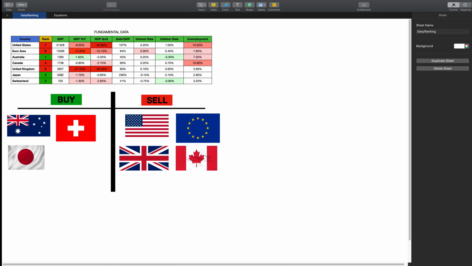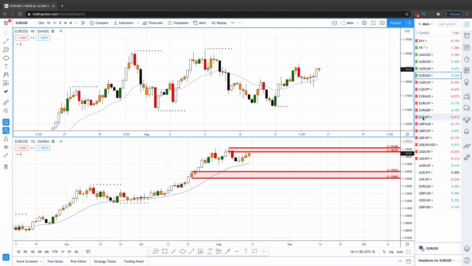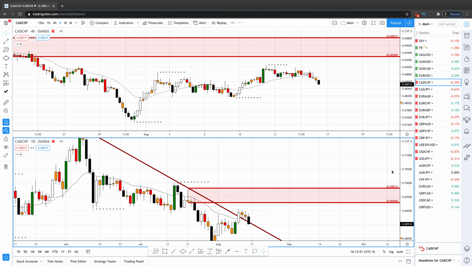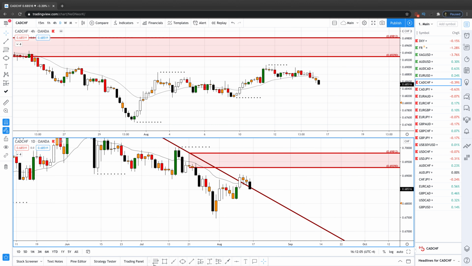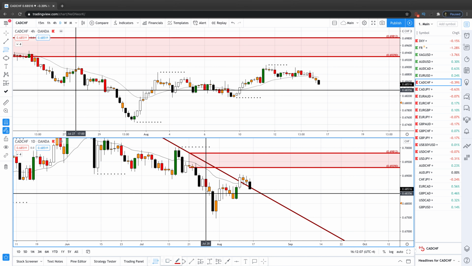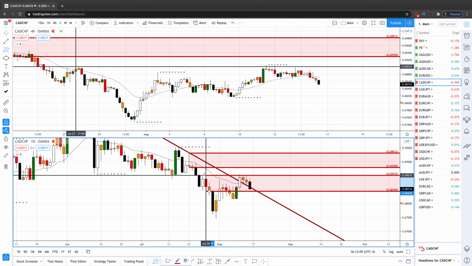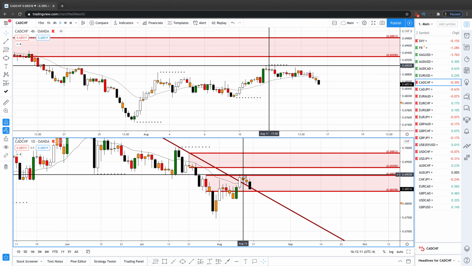Obviously I'm more bullish on most of the pairs, but just the way these pairs are set up, something like I'm looking to short the euro because I'm really long the Japanese yen, but it starts with the euro, right? So anyways, CAD Swiss, as you know, check out the video I posted, Canadian Swiss. I took a trade in this area. Didn't end up working out, no big deal.